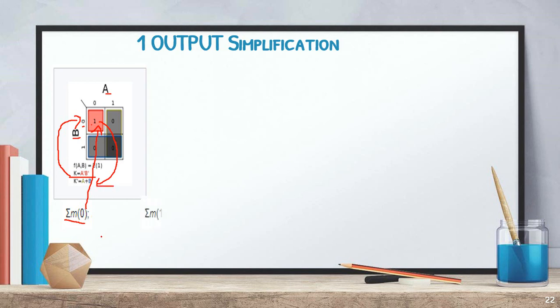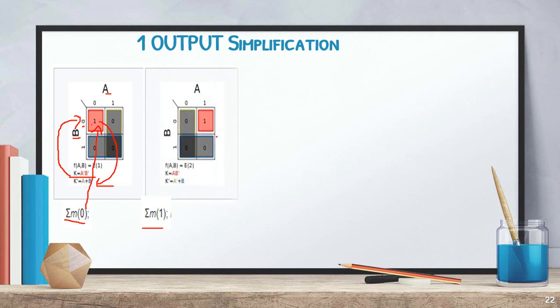If you take the second example, here we take summation m of 1. So 1 is present. In the KMAP, if you draw it, the 1 is at position 0, 1. So we take 1 here, and there is only one group. Our SOP form is A B bar. Why?